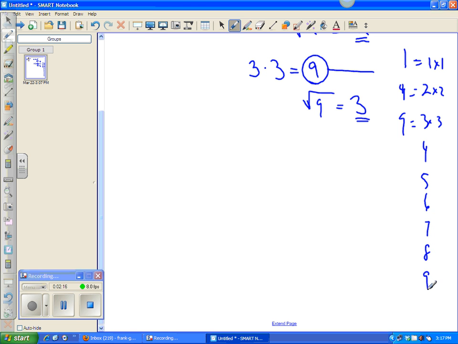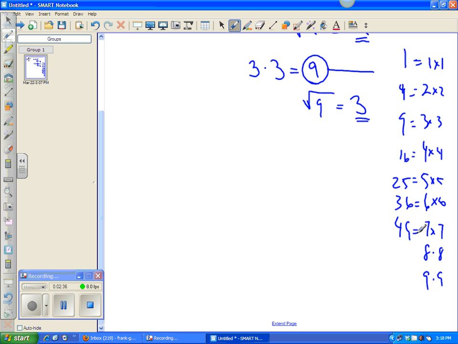And you should know all the perfect squares for this unit. And if you don't know them by now, you should know them. So this is equal to 16, 25, 36, 49.